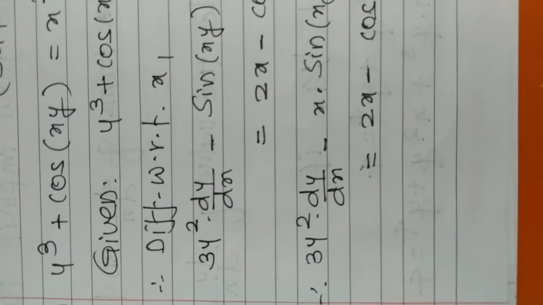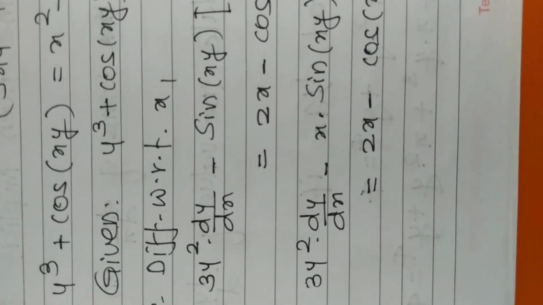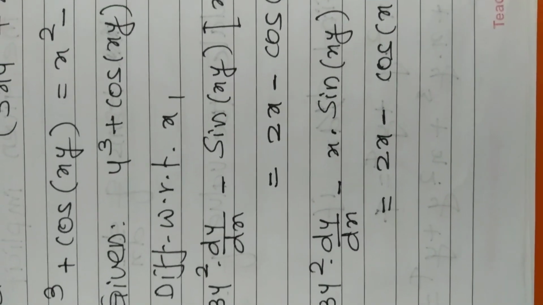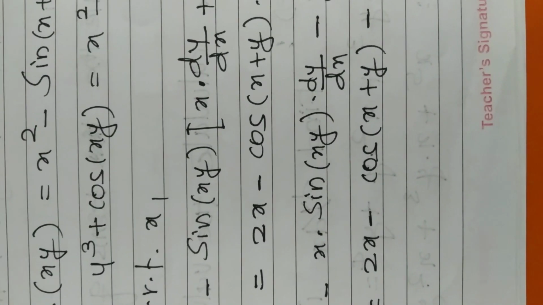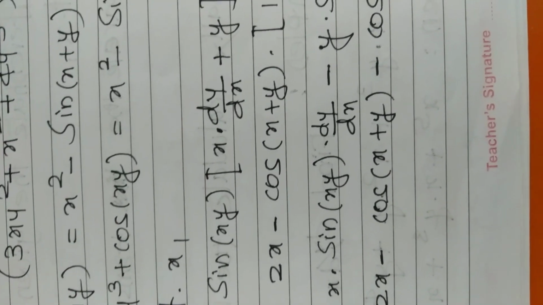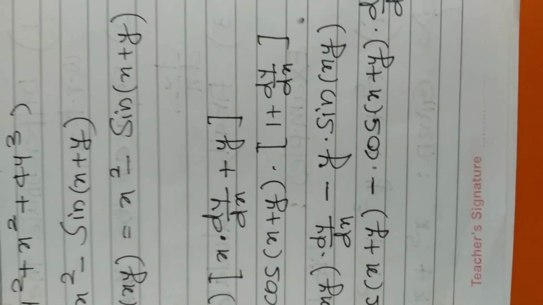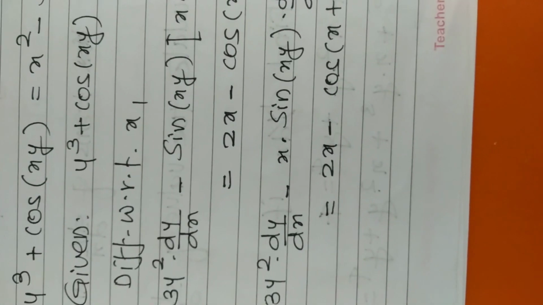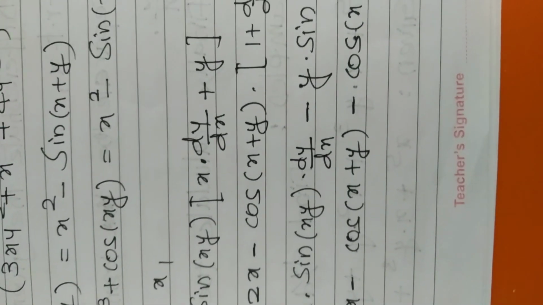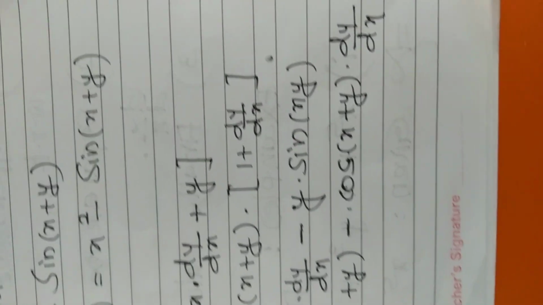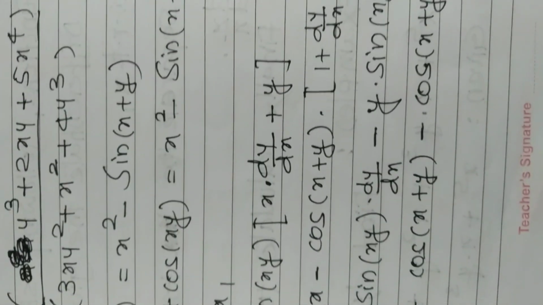So therefore 3y square into dy by dx minus x into sine of xy into dy by dx minus y into sine of xy equals 2x minus cos of x plus y minus cos of x plus y into dy by dx.